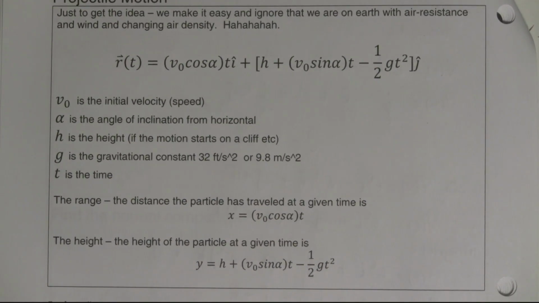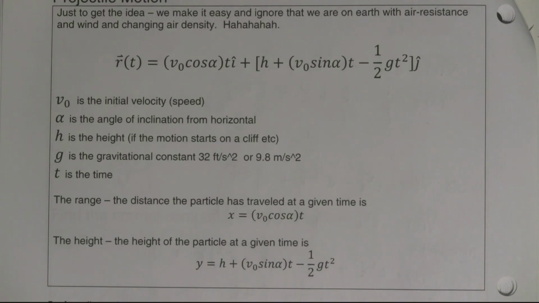G is the gravitational constant, which is either 32 feet per second squared or 9.8 meters per second squared, depending on if you have your other stuff in feet or in meters. And so your height should be in feet or in meters, and your velocity should be in meters per second or feet per second, and your time should be in seconds.